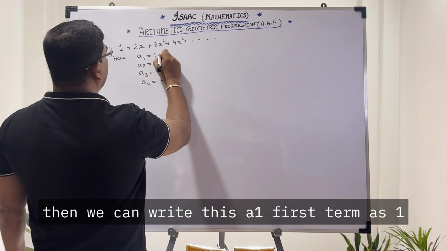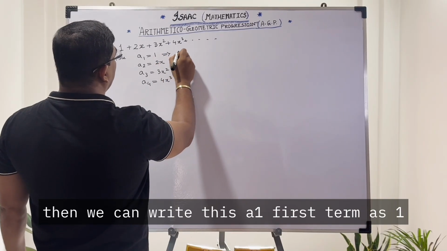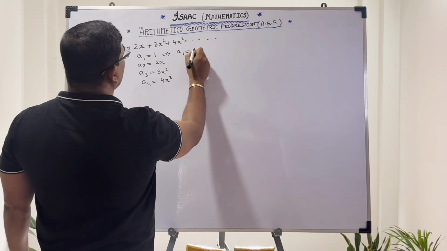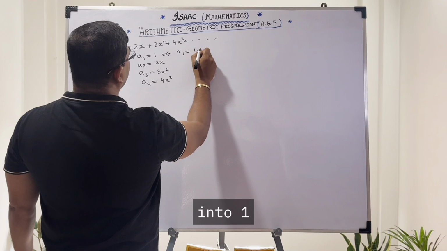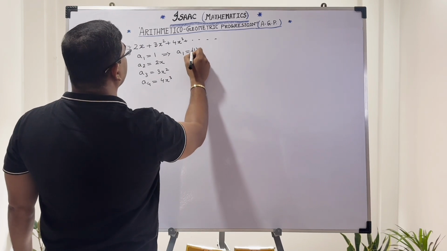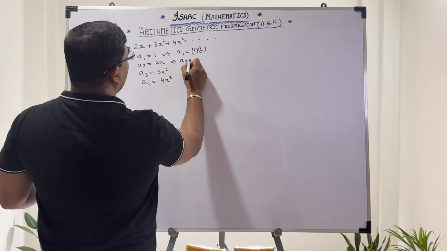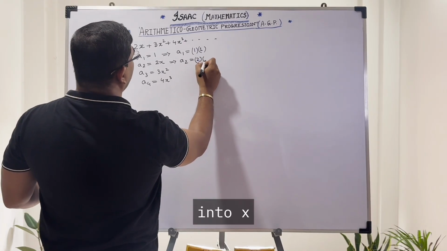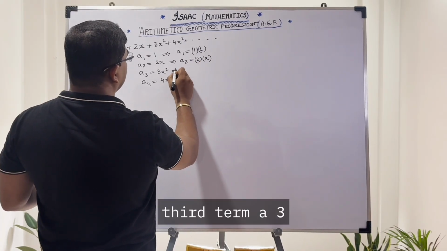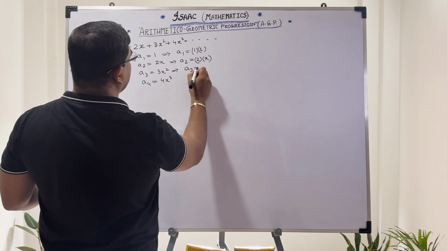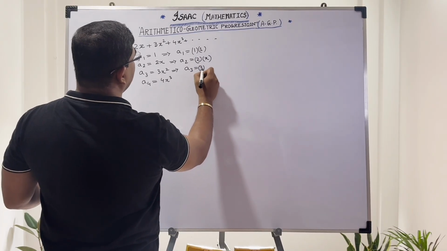Then we can write this first term a1 as 1 into 1. Second term a2 as 2 into x. Third term a3 as 3 into x squared.